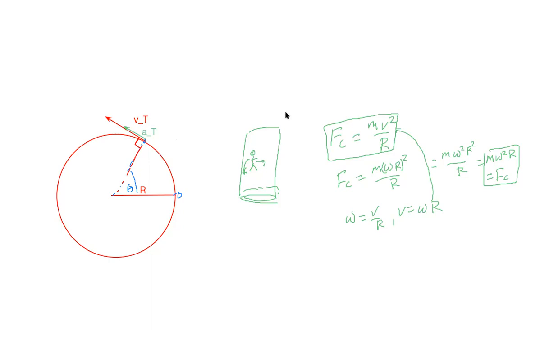Now the final thing in this centripetal value, and I'll do it in orange, my centripetal acceleration lines up this way toward the center.